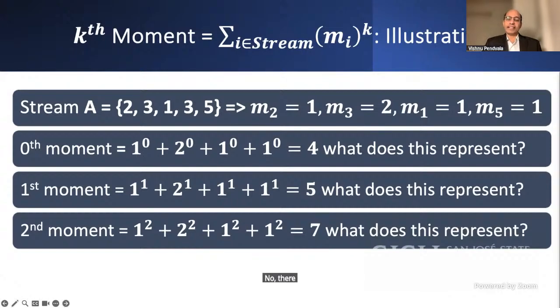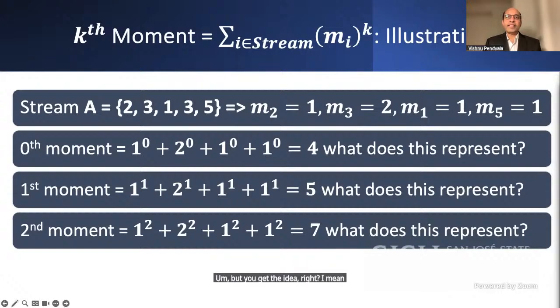No, there are 11 distinct values. Let me think. Okay, I think I'll take the example from Google because it is hard to explain in words. But you get the idea, right?